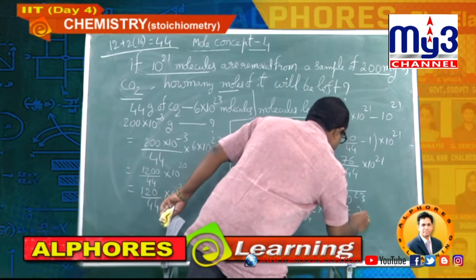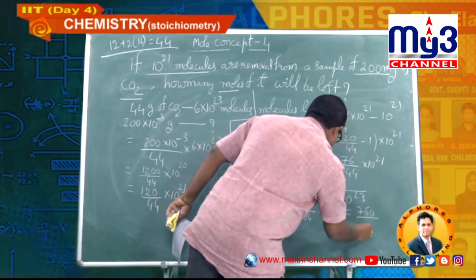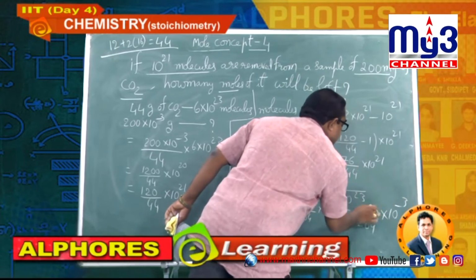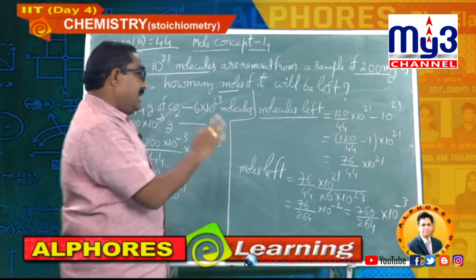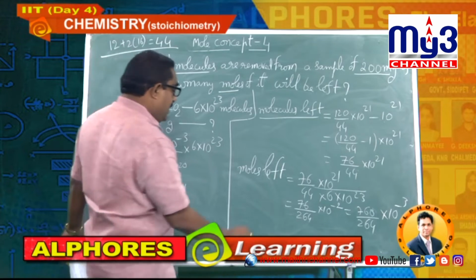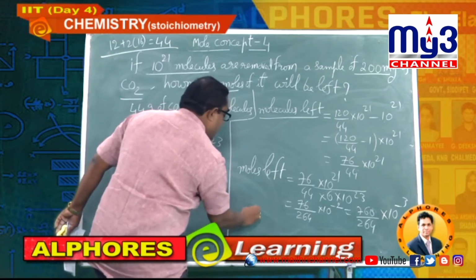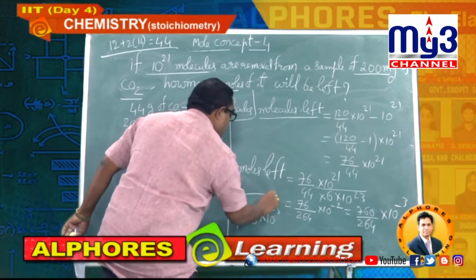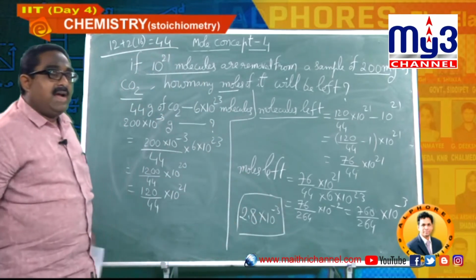Make it simply 760, 10 I have raised, 264 into 10 power minus 3. So that is the final answer. If you simplify that, final answer, approximately you will get 2.8 into 10 power minus 3.